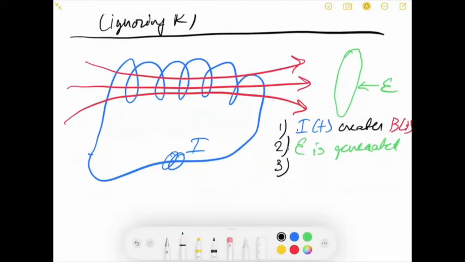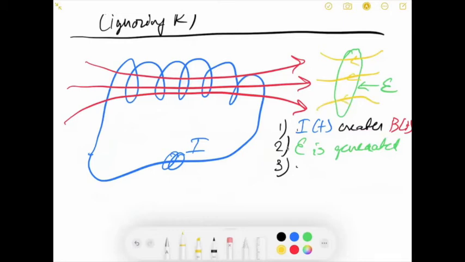Three, a new field is generated as a result. So let's assume that it's increasing just to make life easy. So this is the induced field.